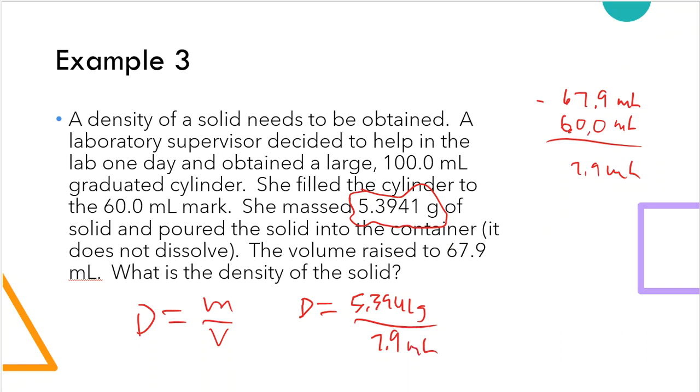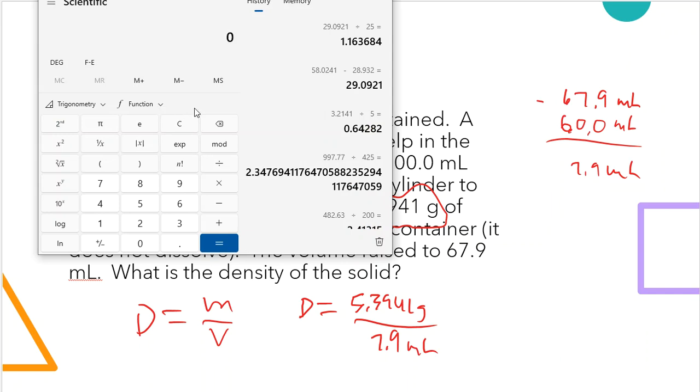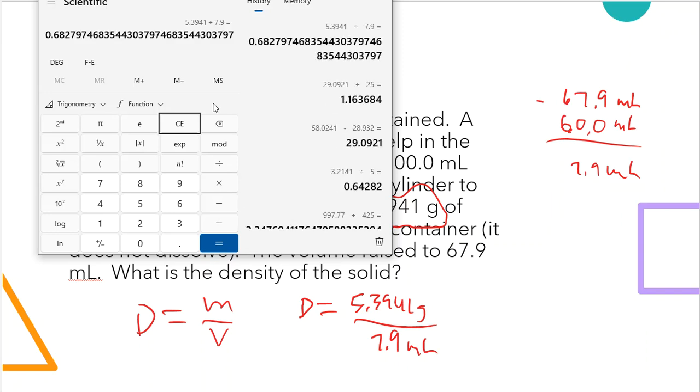Okay, great. There's my calculation. So I'm going to take 5.3941 divided by 7.9, and then I hit enter. Ta-da, and my density is going to be 0.683.